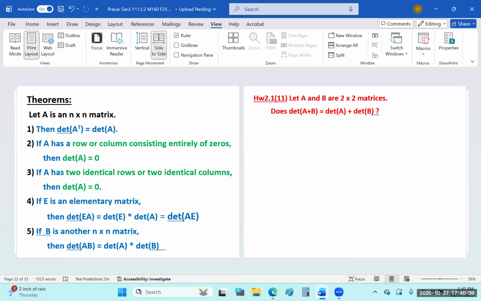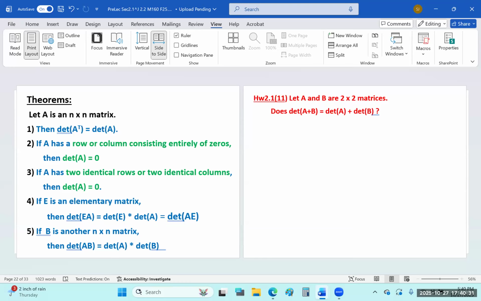What do you think? Go over what you already forgot about the determinant. The determinant is a single number that tells us whether the inverse exists or not. If the determinant is 0, the inverse doesn't exist.